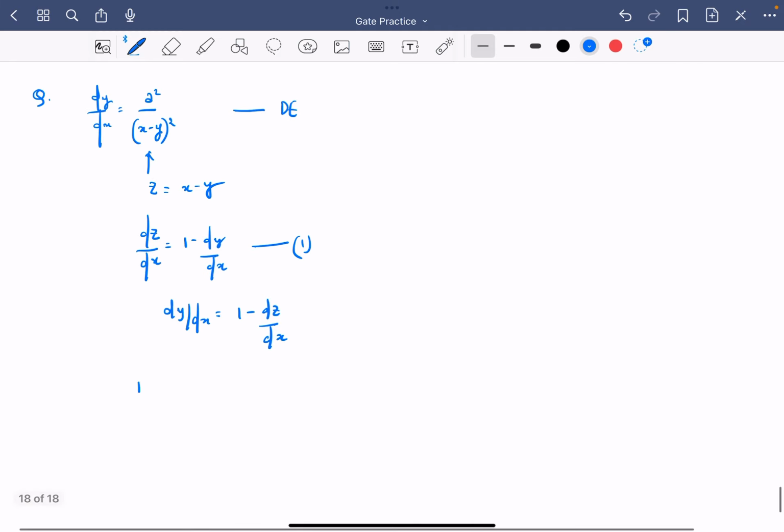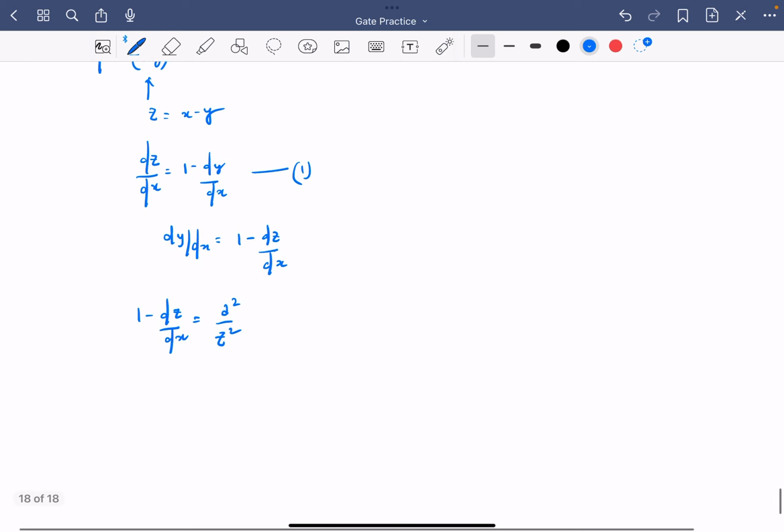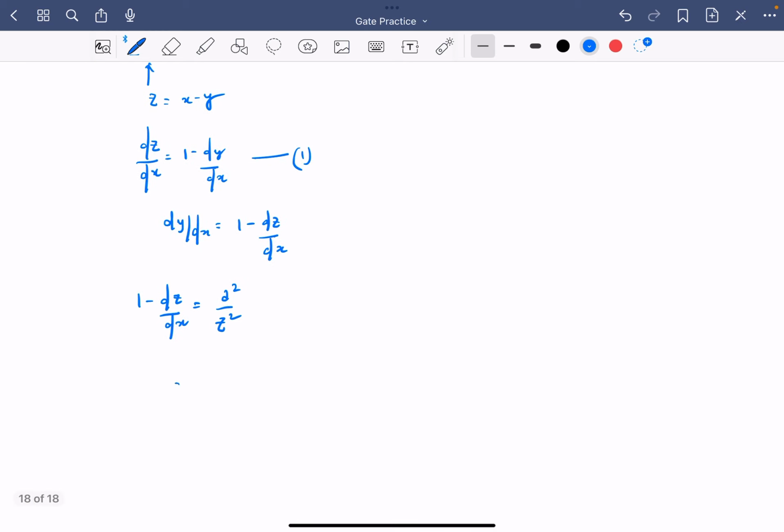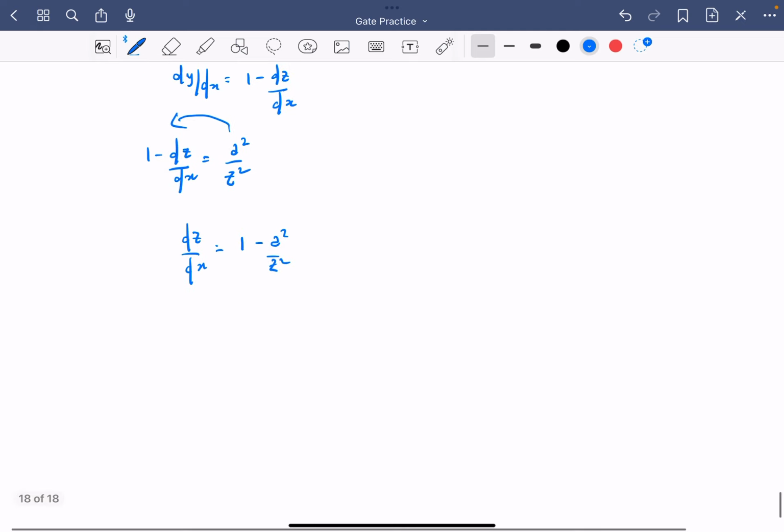Now we write the differential equation as 1 minus dz by dx is equal to a square by z square. dz by dx is equal to 1 minus a square by z square. dz by dx is equal to (z square minus a square) by z square.